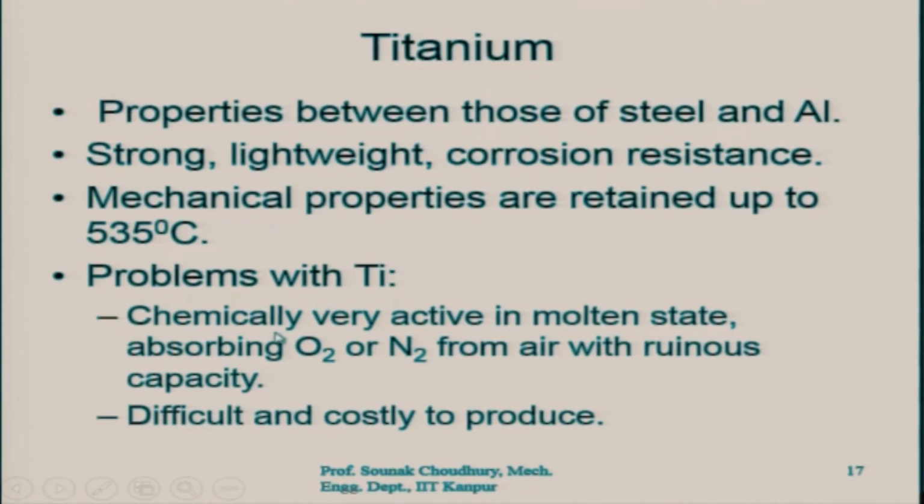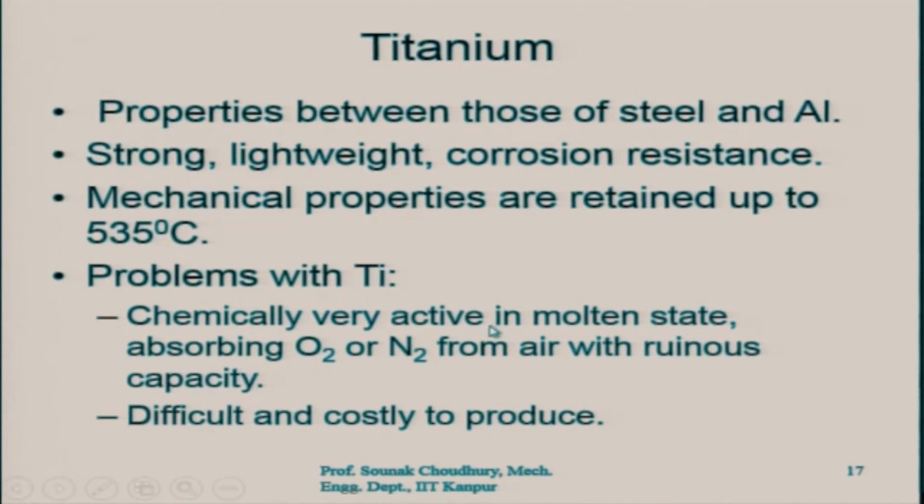The problem with titanium is that it is chemically very active, particularly in the molten state. So, when it is being produced, when it is being melted, or melted for other purposes, for example casting or for getting powders and so on, it is chemically very active.